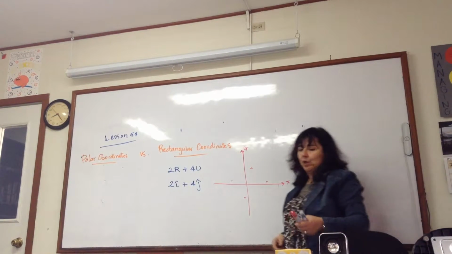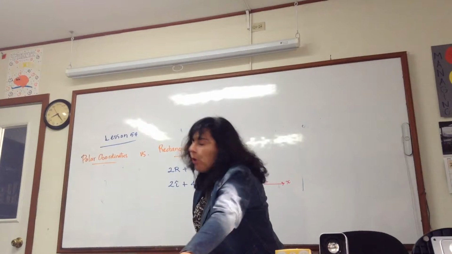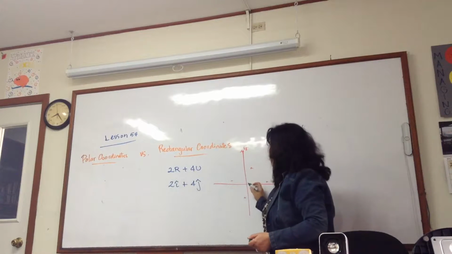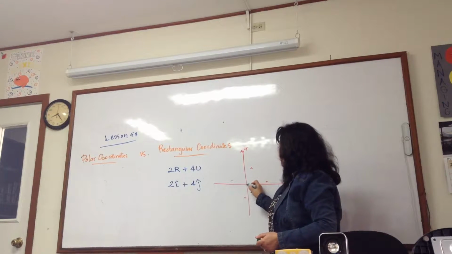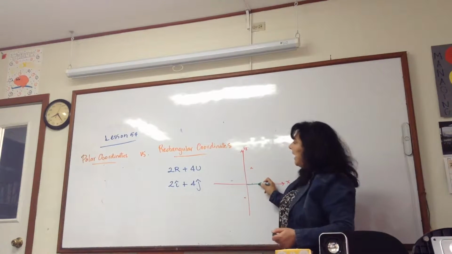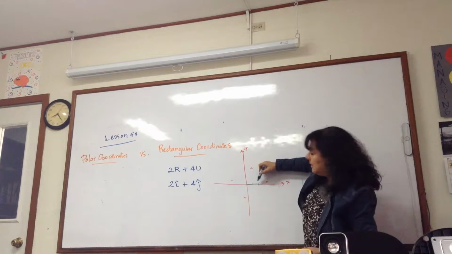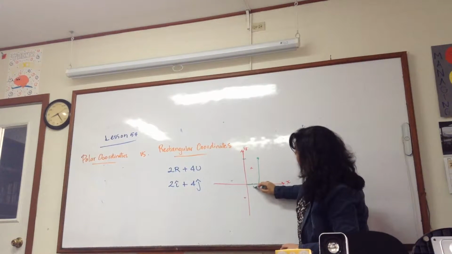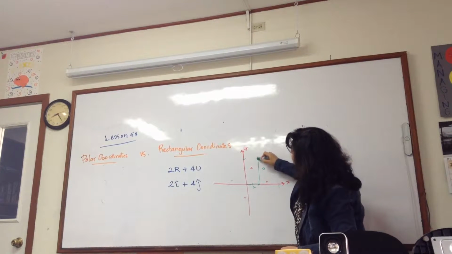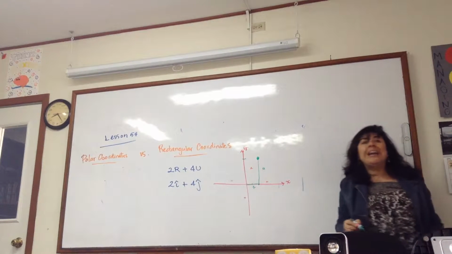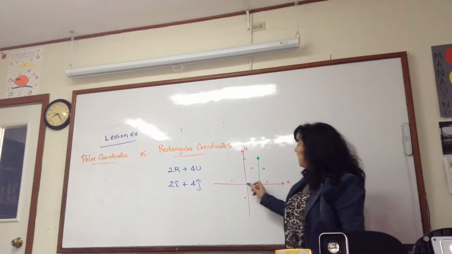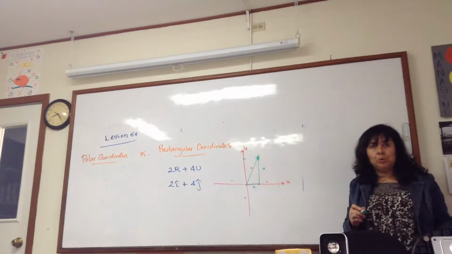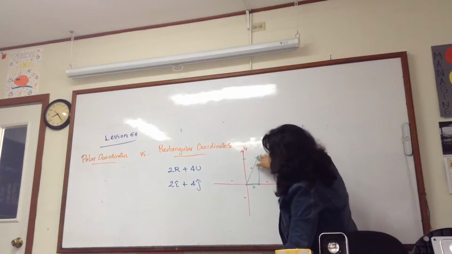So what this is telling you is you are going to go 2 to the right, meaning 1, 2 this way first, and then you're going to end here, and then you're going to go 4 up. This is 2, this is 4, and you're going to end up here. If you are an airplane, you will fly from the airport to that point that they told you. Does that make sense?